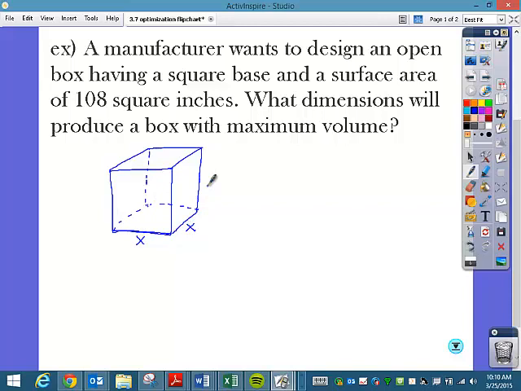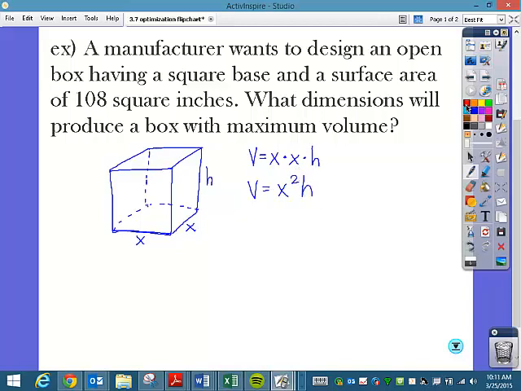And then we don't know what the height is, so let's call it h. And the volume of a rectangular prism, or a box, is length times width times height, so it's x times x times h, which is x squared h.